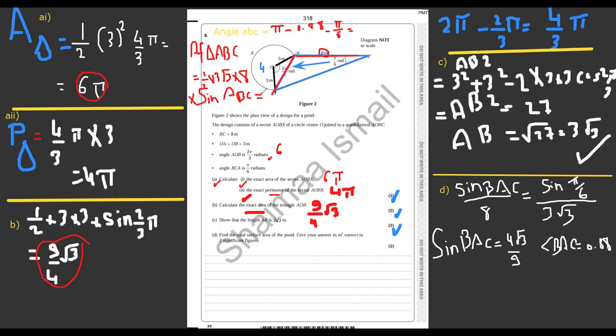This will be equal to 20.8 approximated.